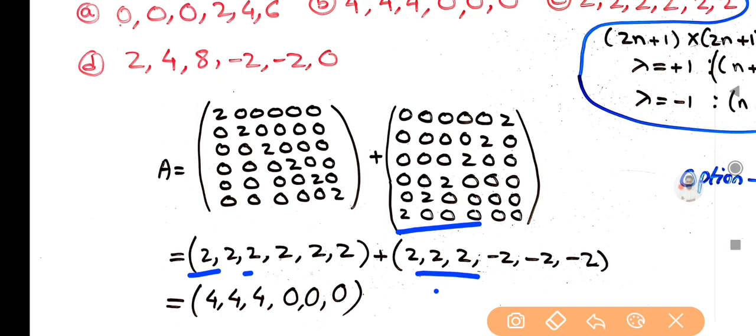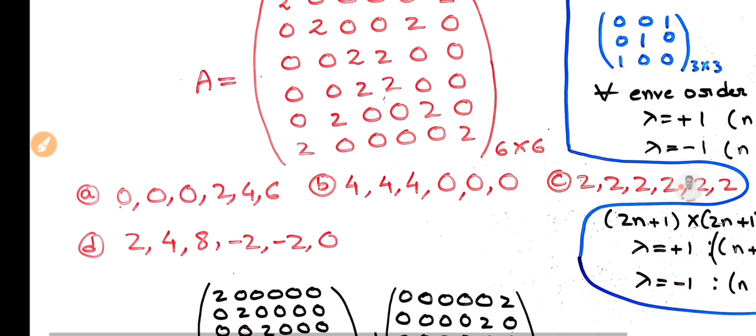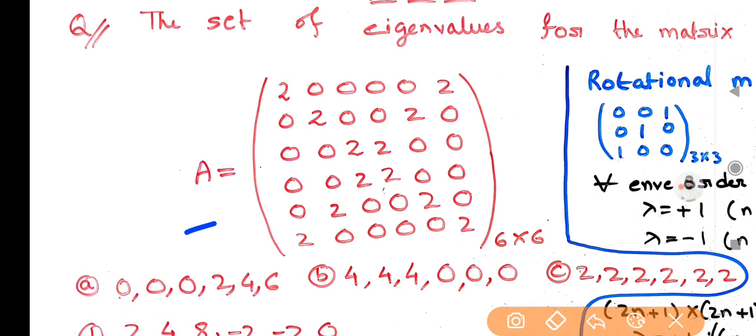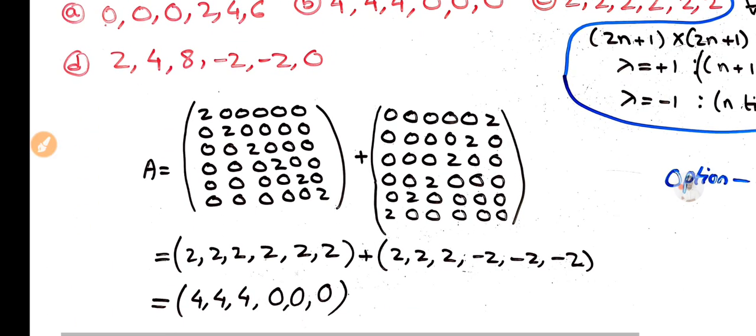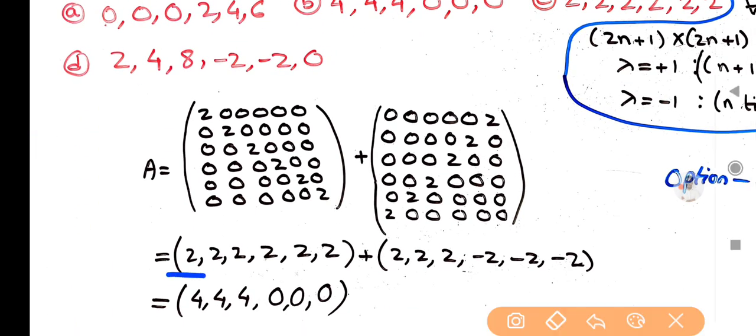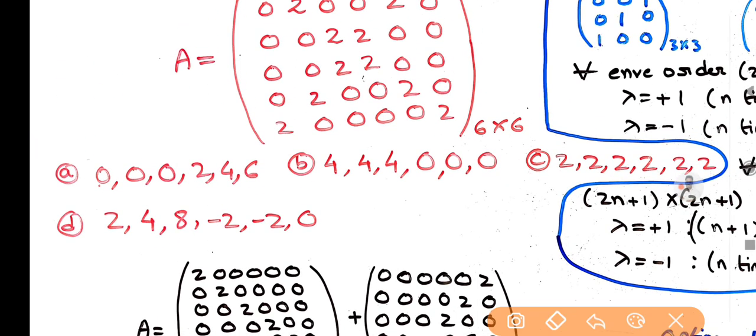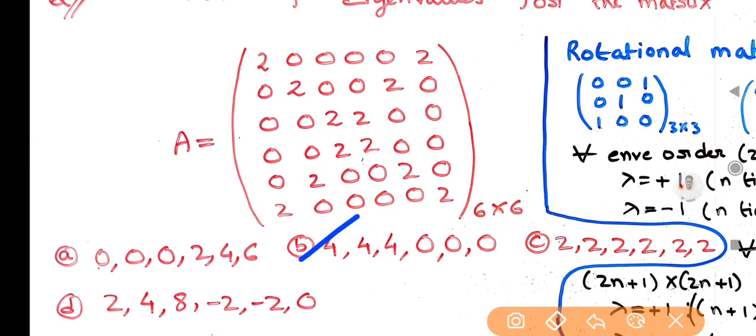So 2, 2, 2 and minus 2, minus 2, minus 2. So the total set of eigenvalues for this matrix will be here. You have to sum these eigenvalues. So 4, 4, 4, 0, 0, 0. So the correct option for this question is option B.